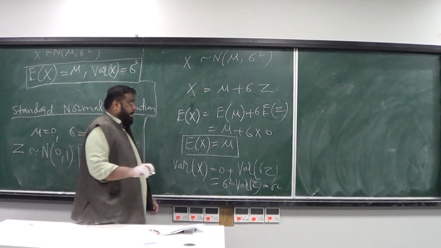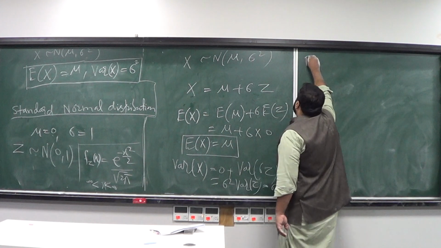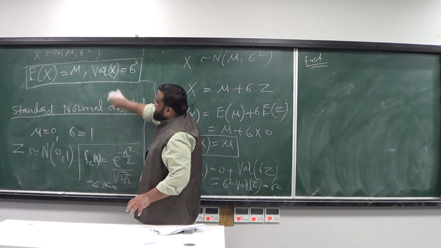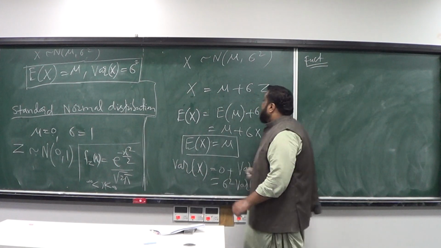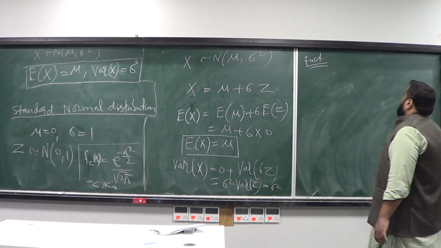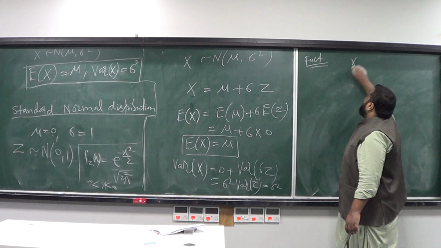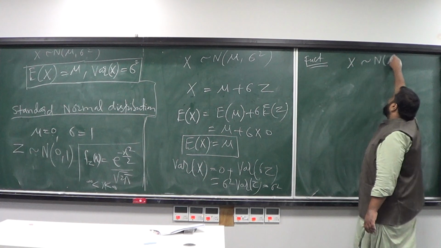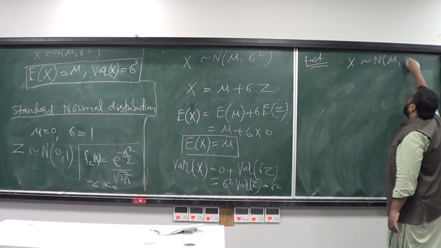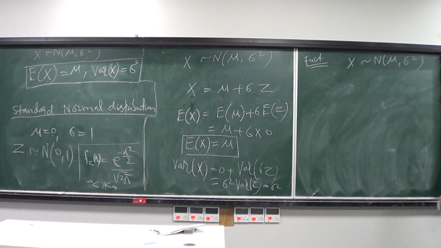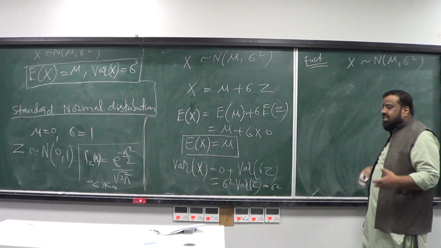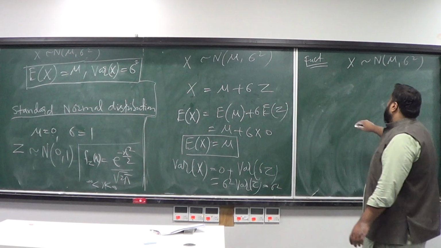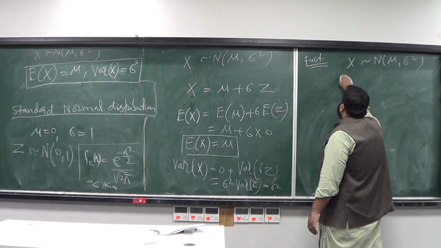So what follows from here? This is one of the key things that you have to keep in your head. The key fact is that if X is normally distributed with mean mu and variance sigma squared, we can turn this normally distributed random variable into a standard normal random variable by standardizing it.